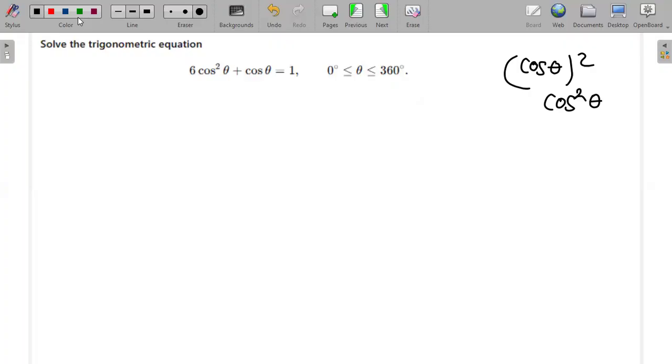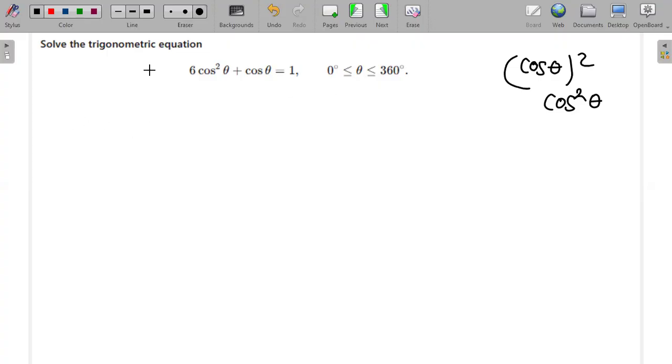For any trig equation, depending on the period, you're always going to find two angles or more. You can never find just one answer, you always find two or more. And if you have a quadratic trig equation, your answer will be four. You'll be finding four answers.